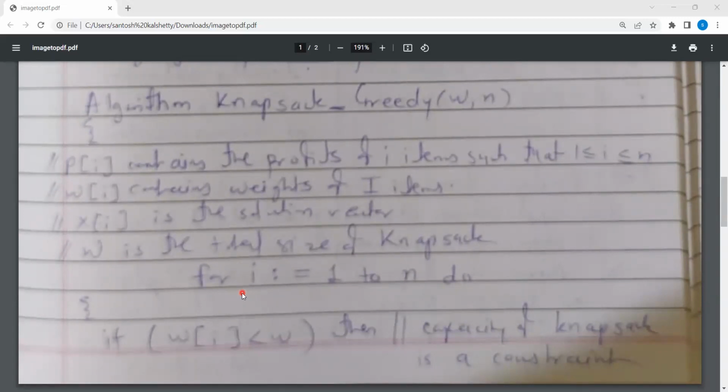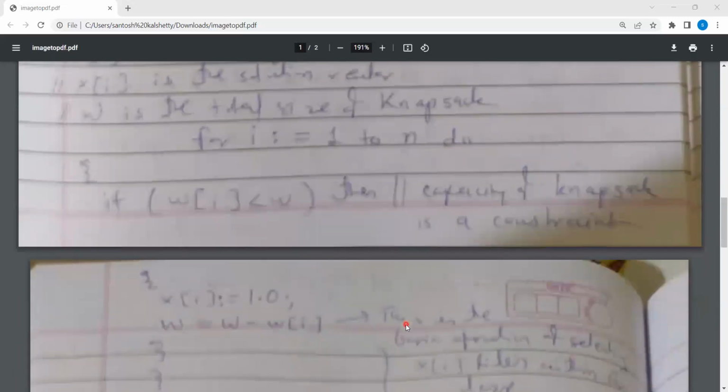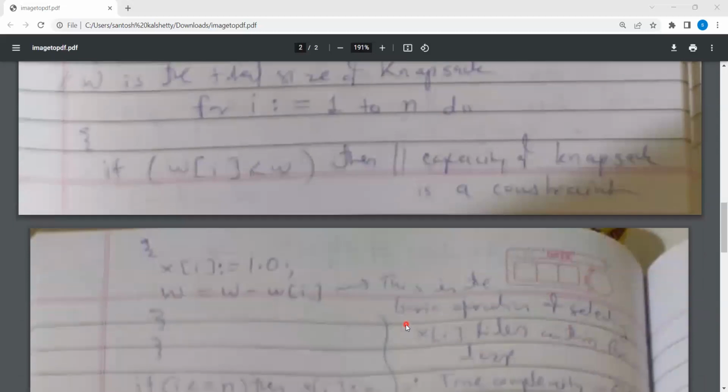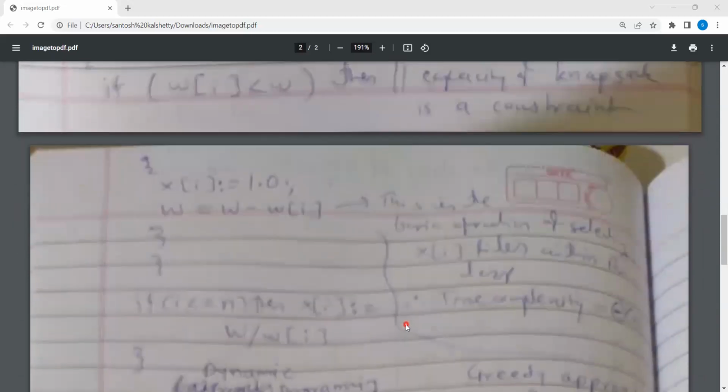If w[i] is less than W, meaning weight of item is less than the capacity of knapsack, then x[i] equal to 1.0, and W equal to W minus w[i].